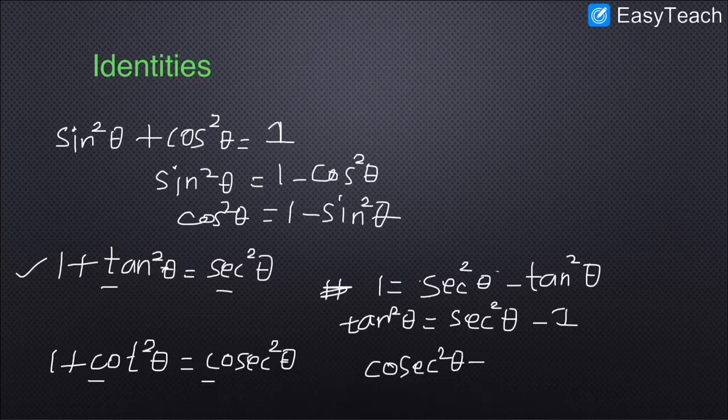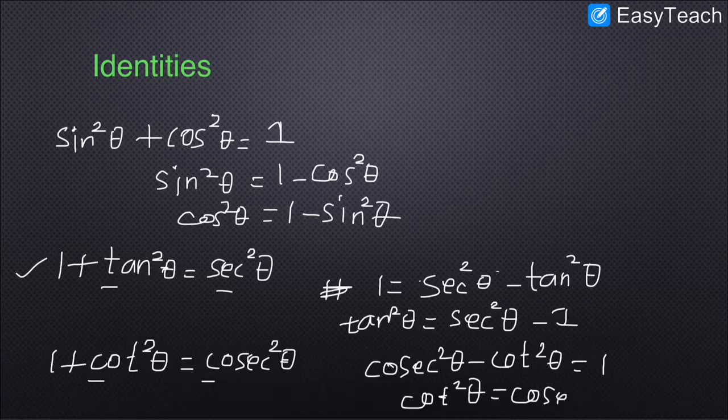The same applies here: cosecant square theta minus cot square theta equals 1, and cot square theta equals cosec square theta minus 1. This is how we change them.